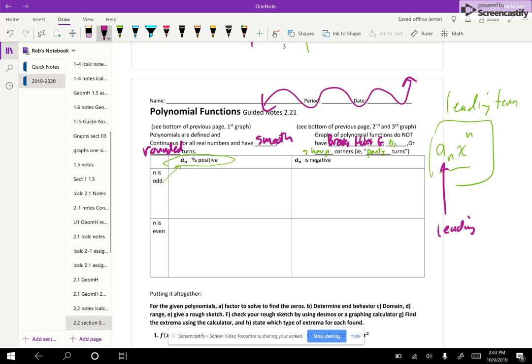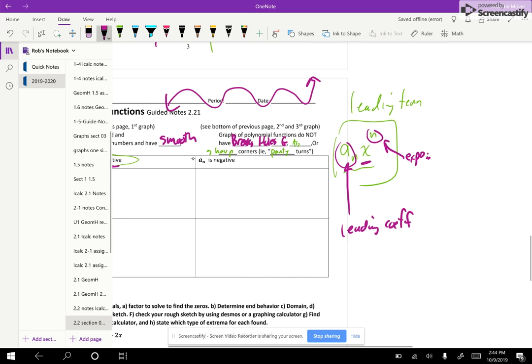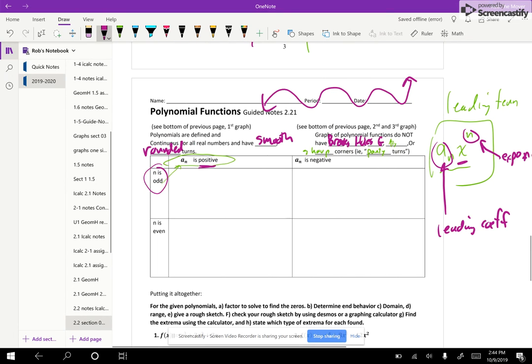So if that number in front of our leading term is positive and n is odd, so now the exponent is odd and the term is positive, then at least we know on the ends it's going down on the left, and on the right it's going up.